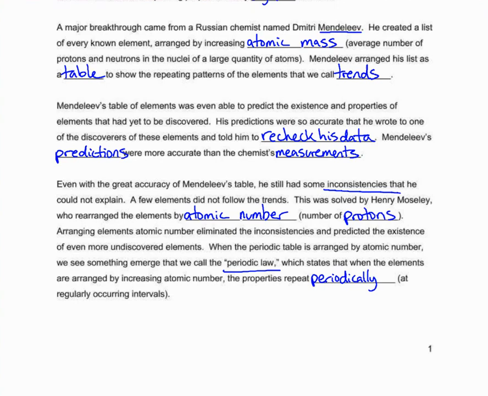So Mendeleev, we're talking about the 1860s, middle of the decade, he is working on trying to crack the code. He is working on this periodic table.